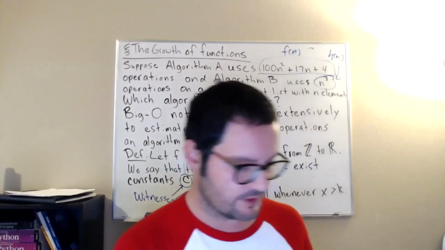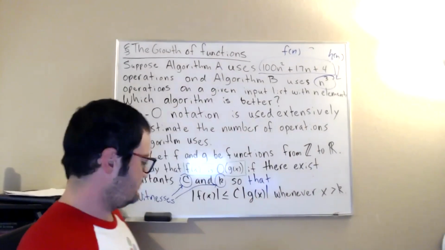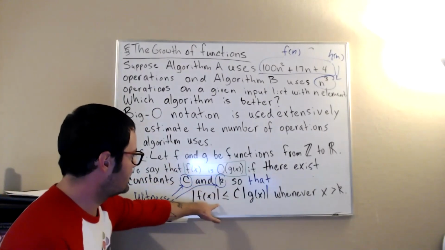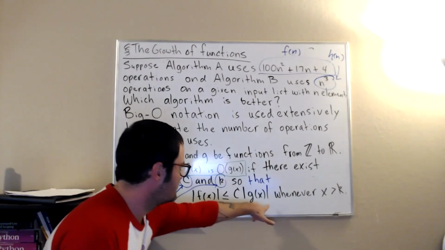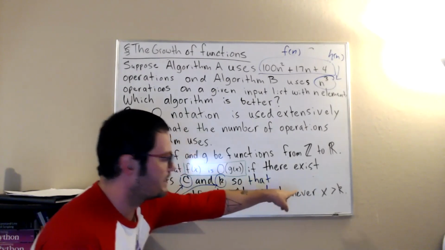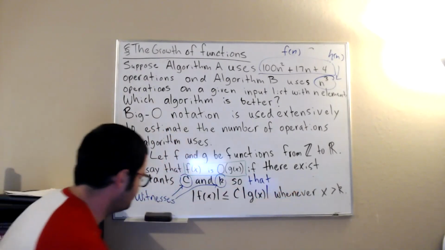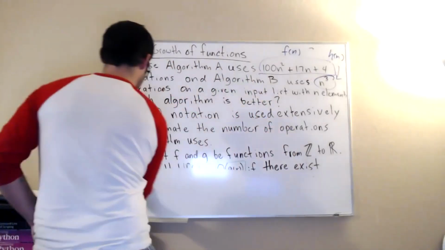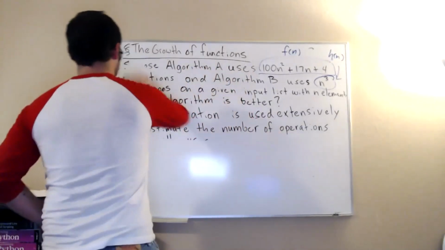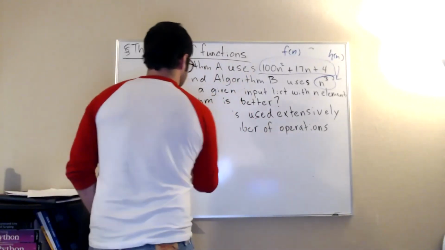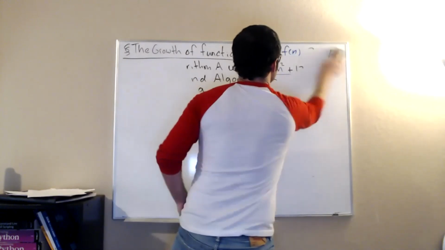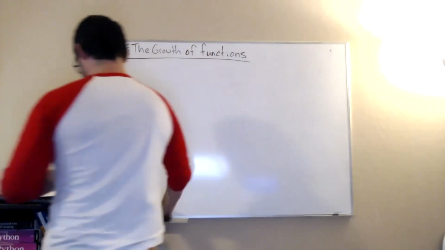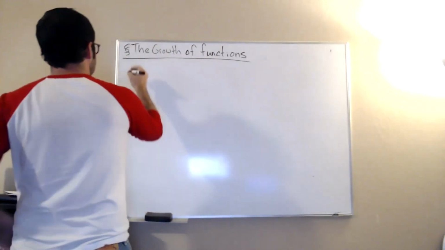Okay, so let's look at an example of this stuff. So have this definition handy. We have witnesses C and k, so that f is bounded above by C times this function whenever x is big enough, whenever x is bigger than k. Okay, so let's look at an example.